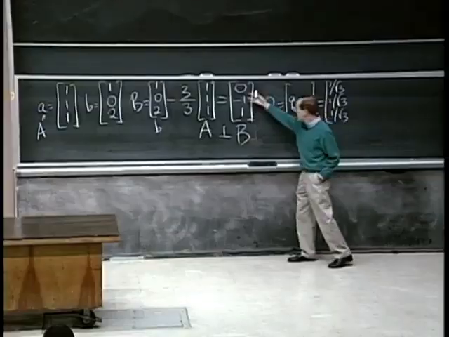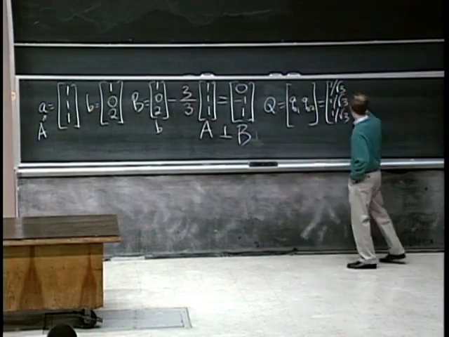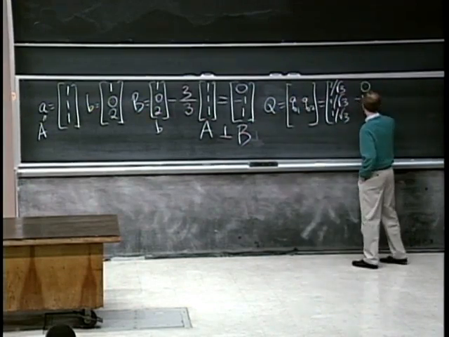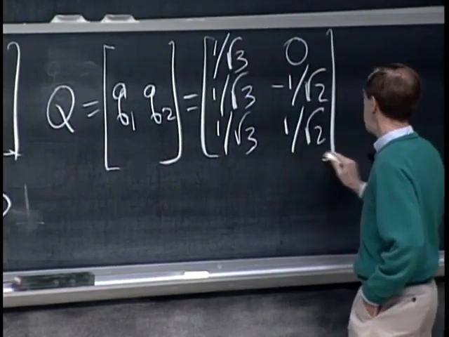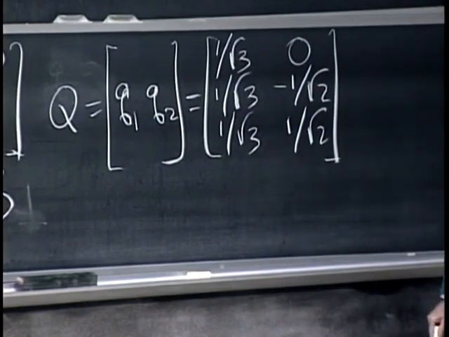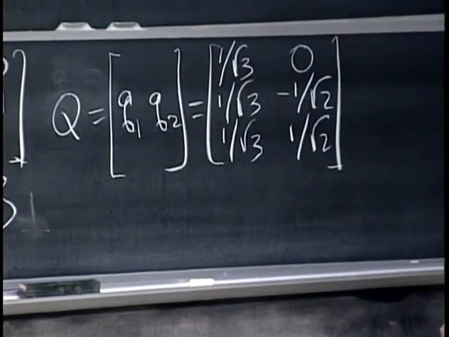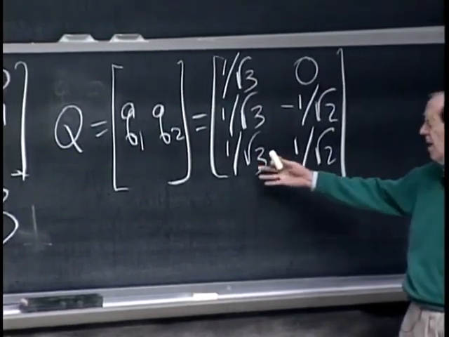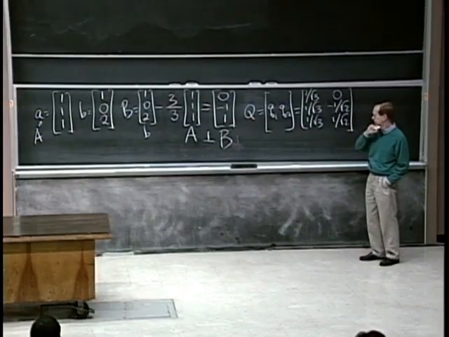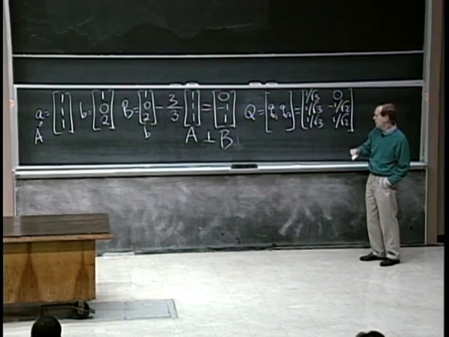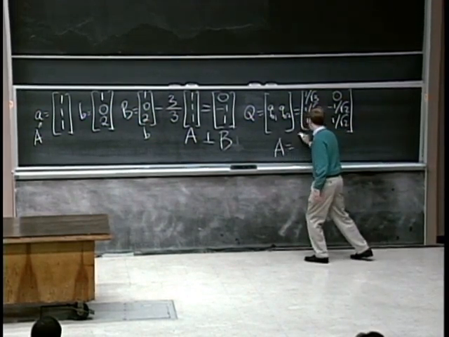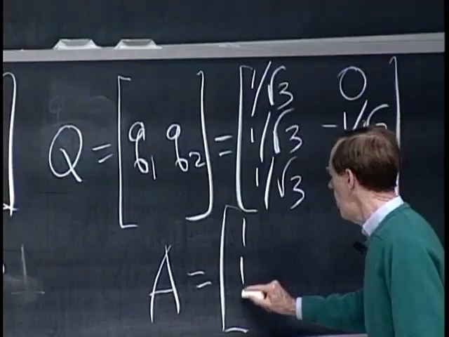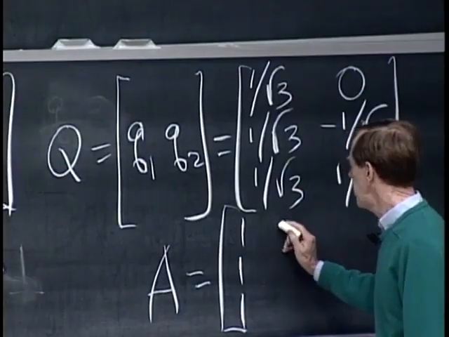And I'm going to take this B, but I'm going to divide it by the square root of 2 to make it a unit vector. And there is my matrix. That's my matrix with orthonormal columns coming from Gram-Schmidt, and it came from the original 1, 1, 1, 1, 0, 2, right?